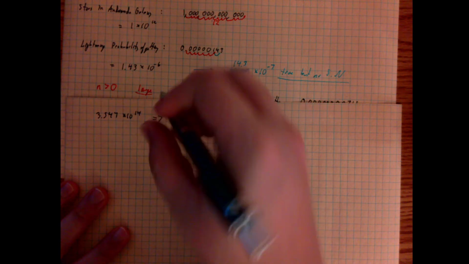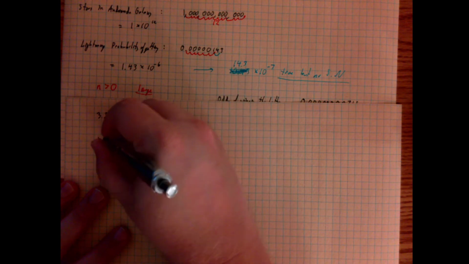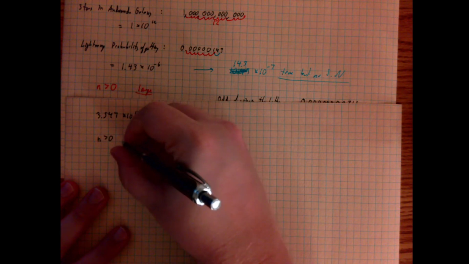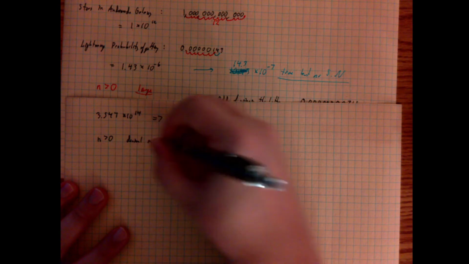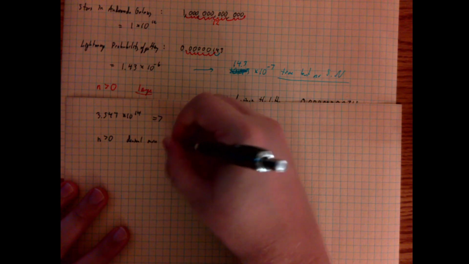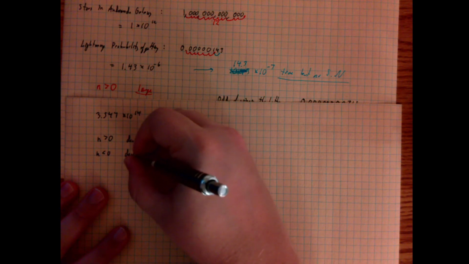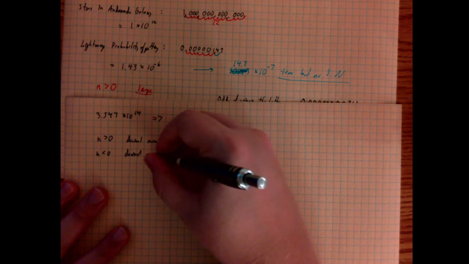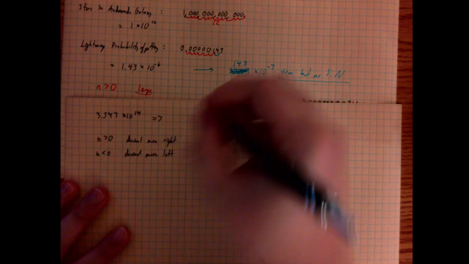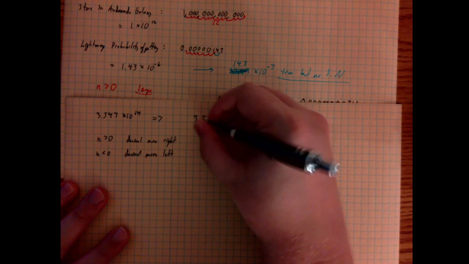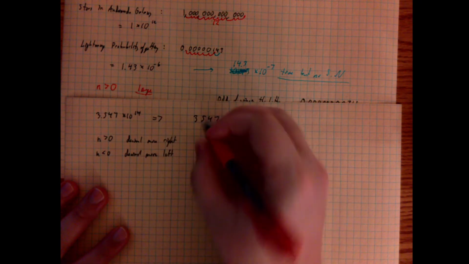How do I write it backwards? The 14: if n is greater than 0, that means the decimal moves to the right. If n is less than 0, it means the decimal moves to the left. In this case, I have 10 to the 14th. So I'm going to take this 3, 5, 4, 7 and move the decimal place 14 spaces to the right.